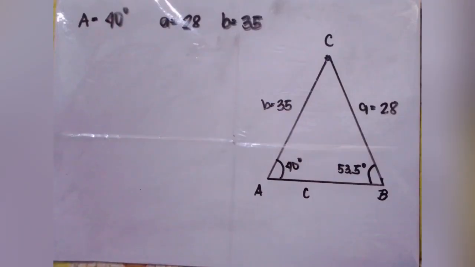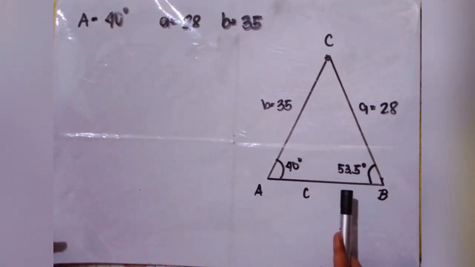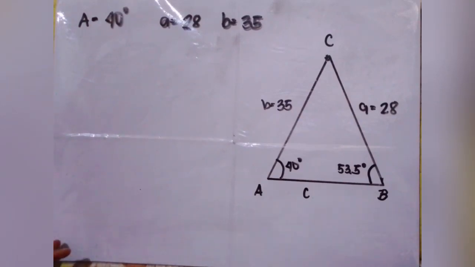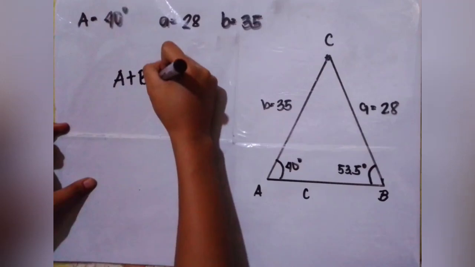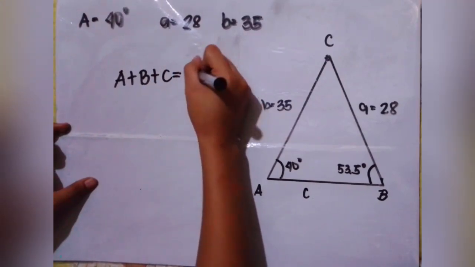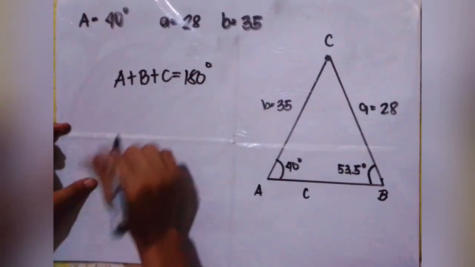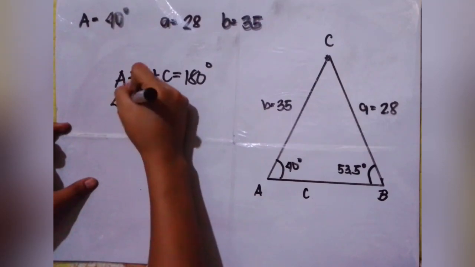Then, we are going to find the angle C. Since we already have the angle A and the angle B, we can find angle C by subtracting the known angles A and B from 180 degrees. So, A plus B plus C is equal to 180 degrees. Then substitute the given values.